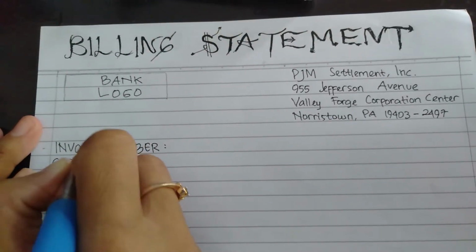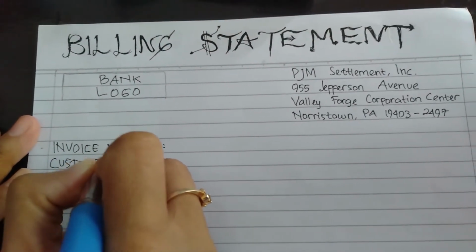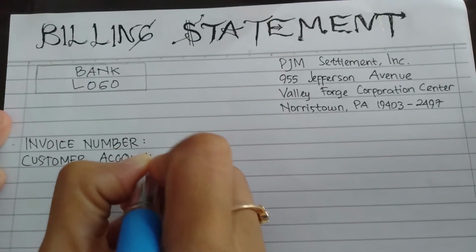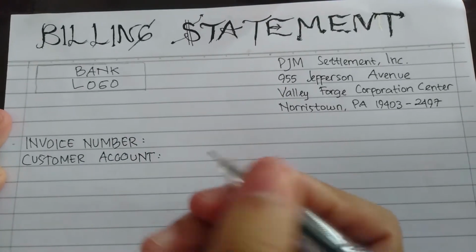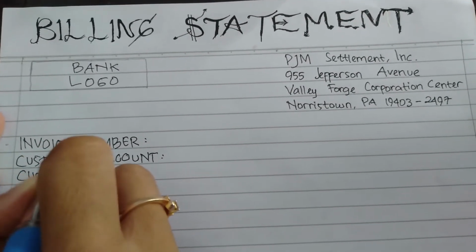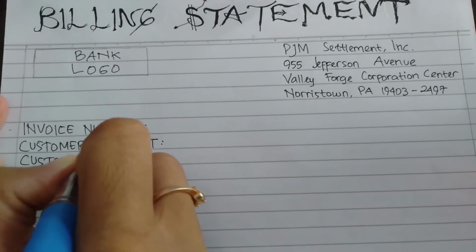There are some points that you are going to put in this billing statement. The first one is the invoice number. The second one is the customer account.